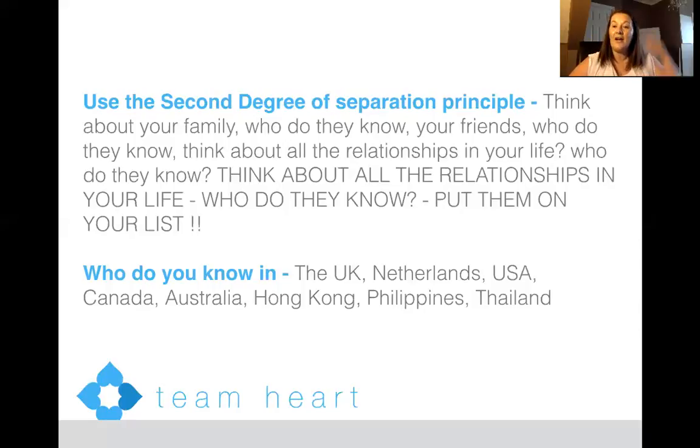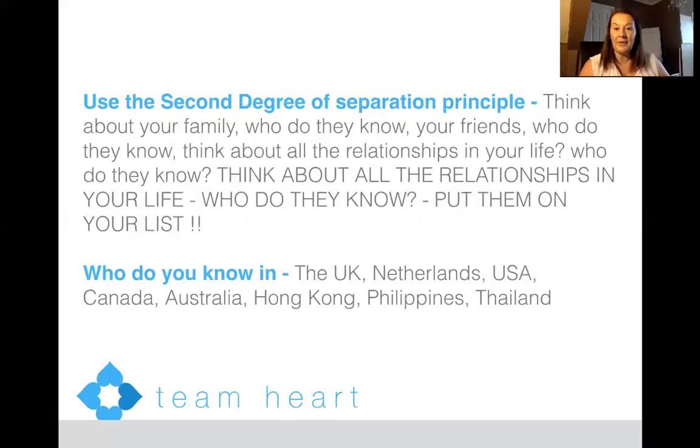For every person on your list, think about who they know, who they know, and start to expand your list that way. Think about all the relationships in your life, who do they know, and put them on your list.